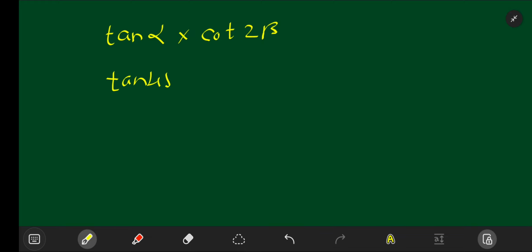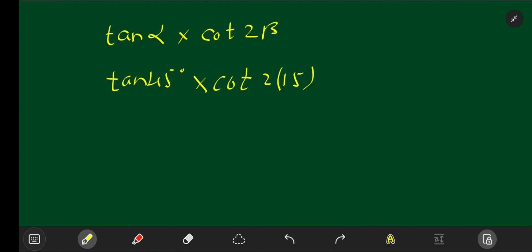Now what are they asking? They are asking the value of tan alpha into cot 2 beta. We know the values of alpha and beta. Alpha is 45 degrees, beta is 15 degrees, so 2 beta is 30 degrees.